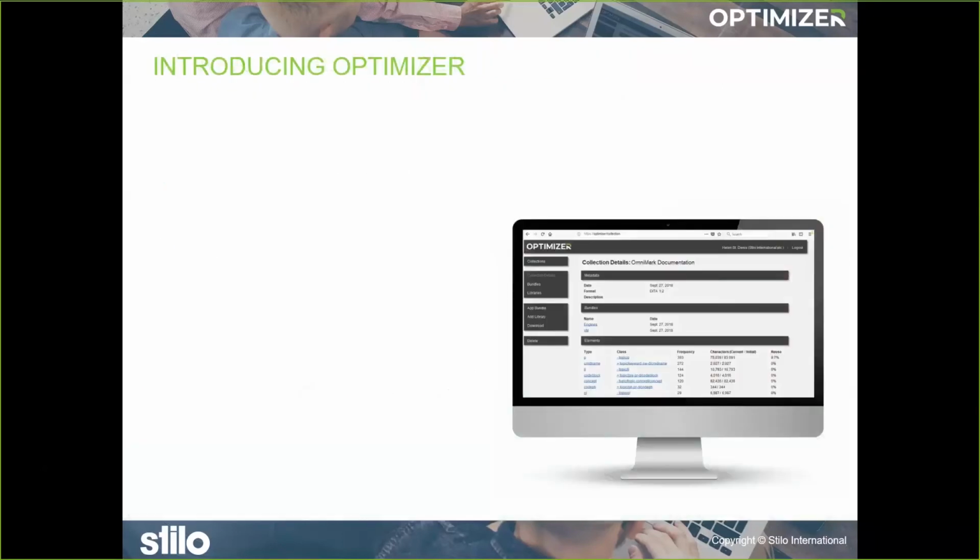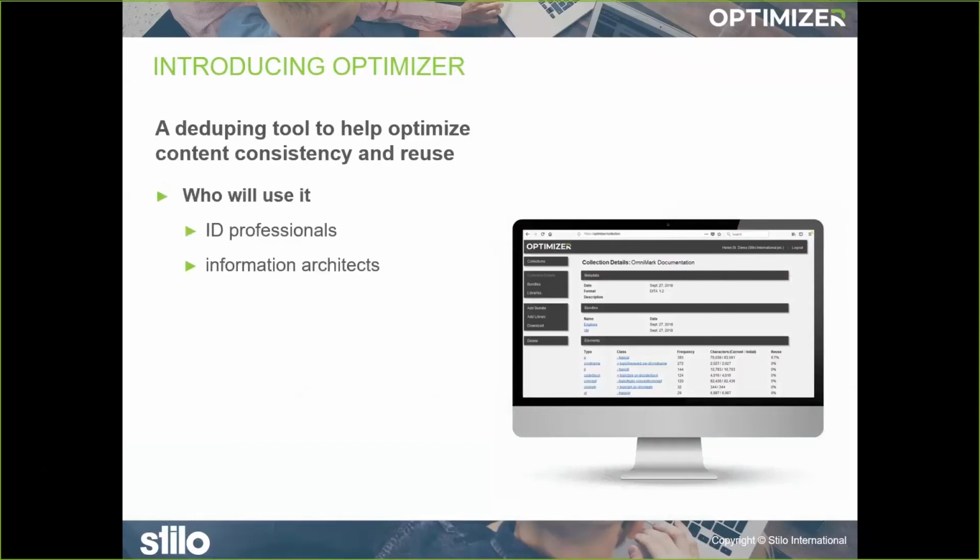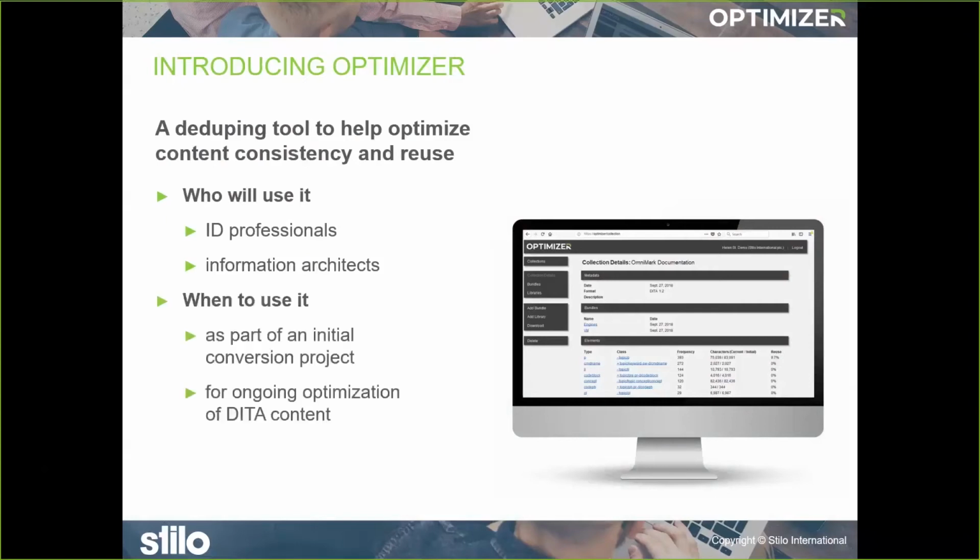So we ask ourselves, how can this be improved? Well, the answer is to use a deduping tool to help optimize content consistency and reuse, which is why we developed OptimizeR. So what's the target market? Well, we have ID professionals and information architects. And when's the best time to dedupe our content? Ideally, you want to dedupe as part of the initial conversion project, and then later on for ongoing optimization of your DITA content.